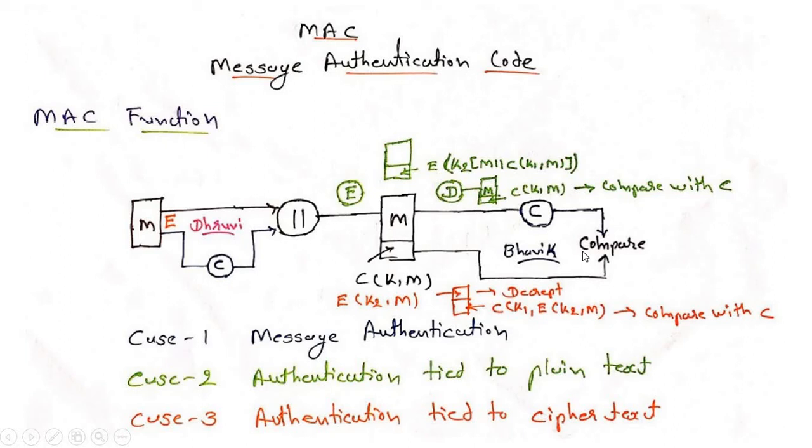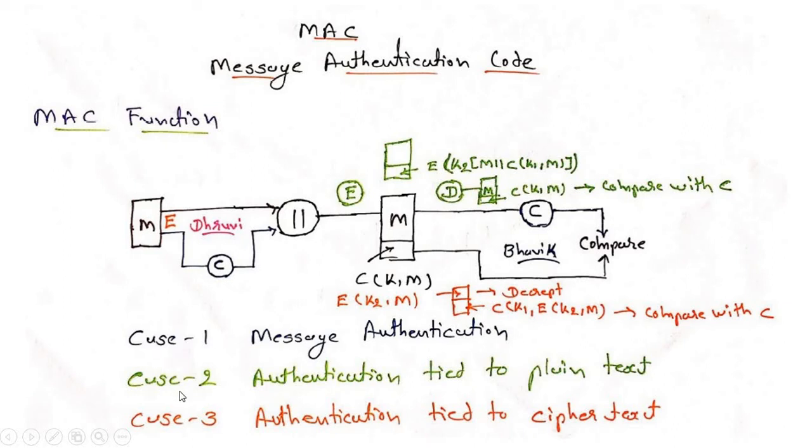If both are the same, Bhavik will know that the message is authenticated and sent by Dhruvi. There is no intermediate modification of integrity. So Bhavik can get the authentication of Dhruvi's message. This thing is known as message authentication. Get it? So in case number 1, the sender and receiver get message authentication.